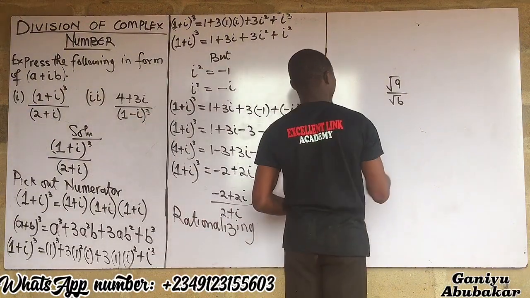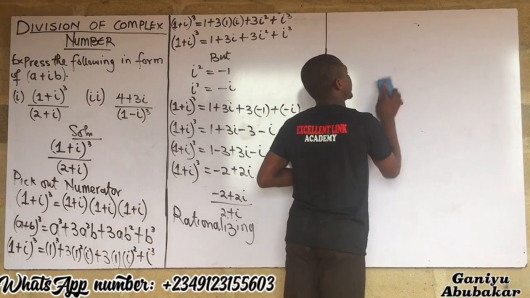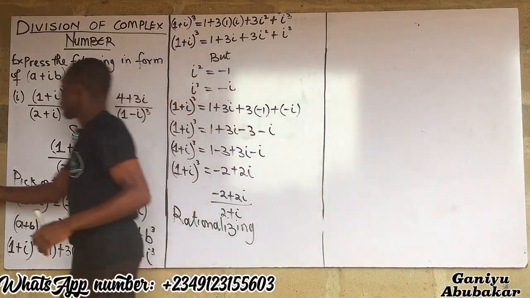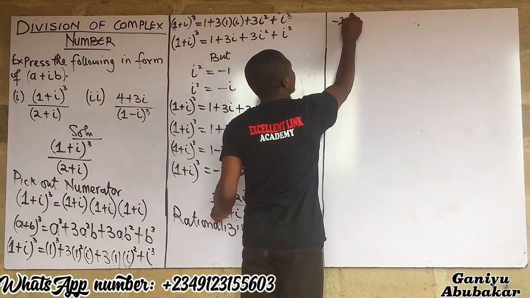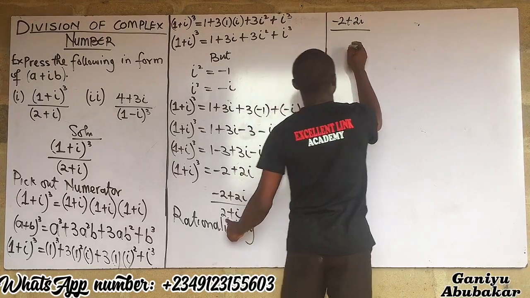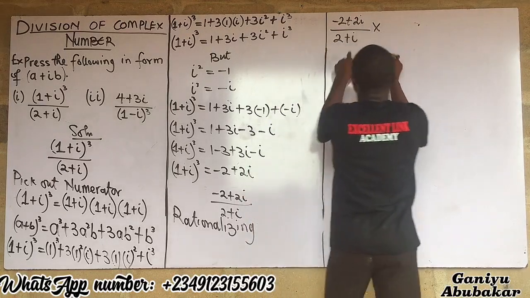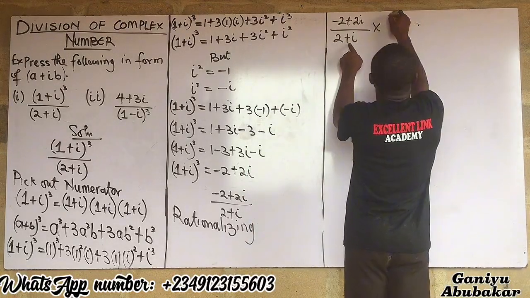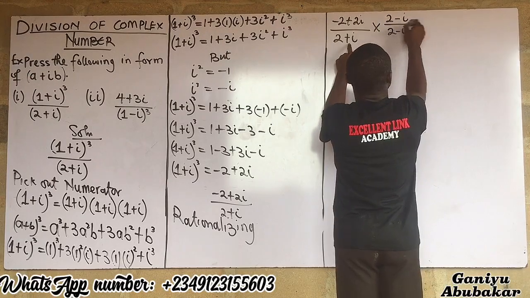So from here, I'll have minus 2 plus 2i all over 2 plus i, multiplied by the conjugate. What's the conjugate of this one? That's 2 minus i all over 2 minus i.